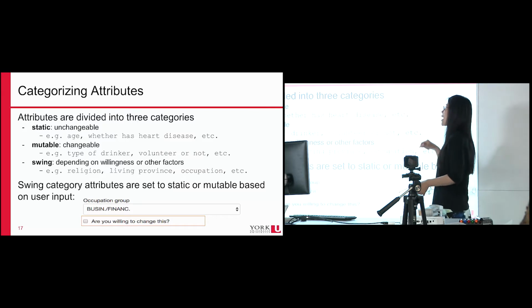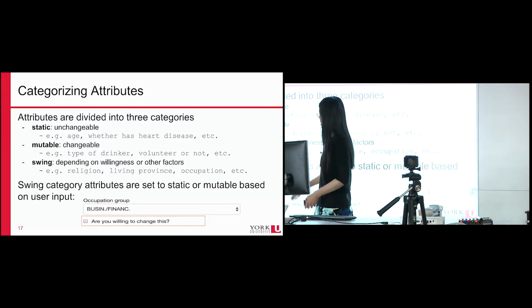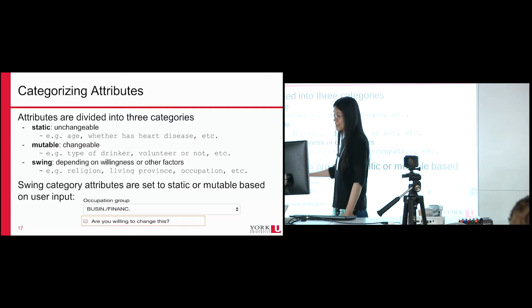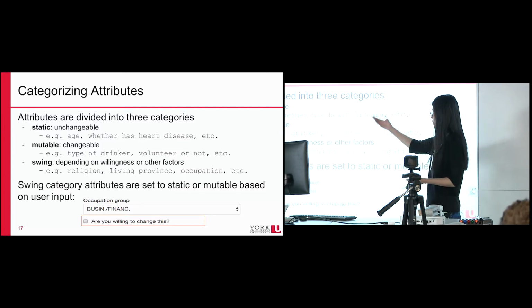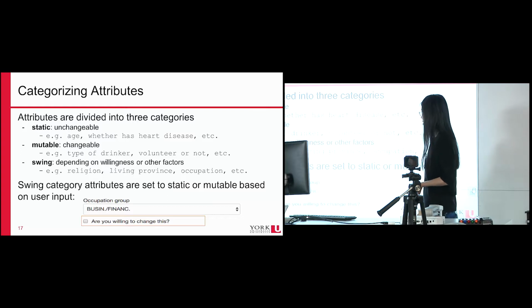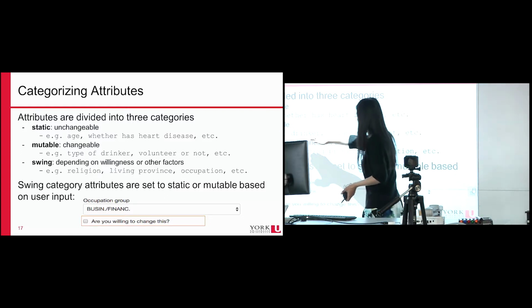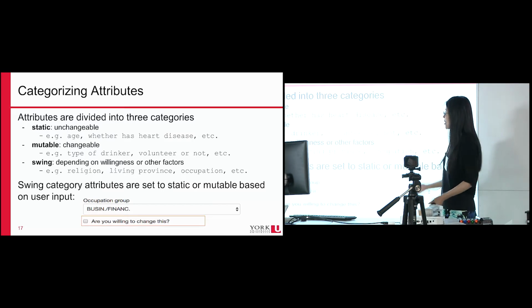So therefore, we group the attributes into 3 groups. One is the static group, containing the attributes that cannot be changed. And also the mutable group, containing the attributes that can be changed, such as whether you drink, whether you do volunteering work. And there's another category called the swing category.